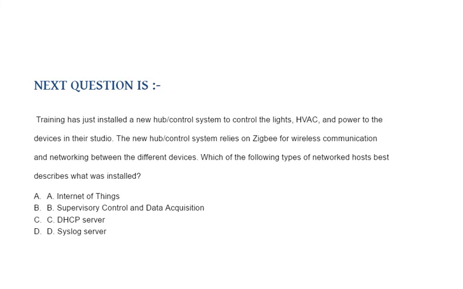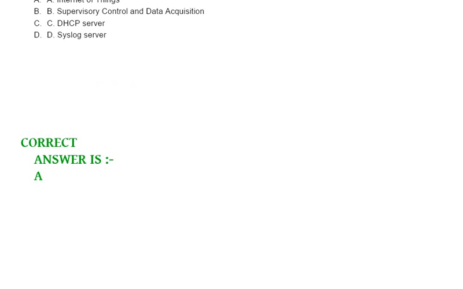Which of the following types of networked hosts best describes what was installed? Option A. Internet of Things. Option B. Supervisory control and data acquisition. Option C. DHCP server. Option D. syslog server. Correct answer is option A.